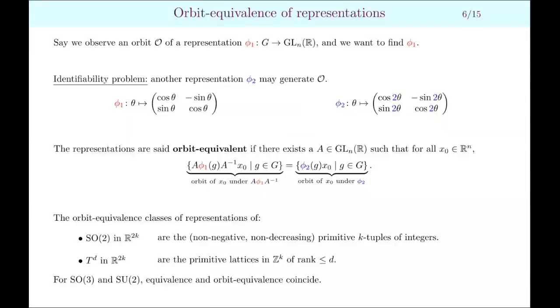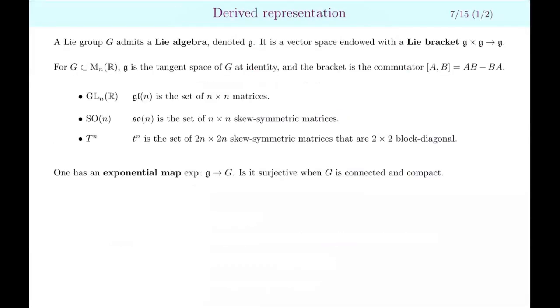So now we want to study our problem up to orbit equivalence. And the main tool we will use to do that is Lie algebras. Let me recall that every Lie group comes with a Lie algebra. Abstractly, it is a vector space endowed with an additional structure, a Lie bracket.